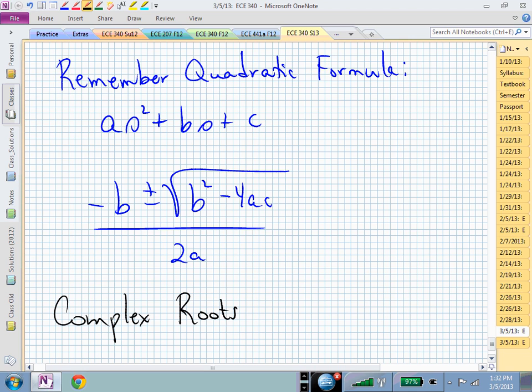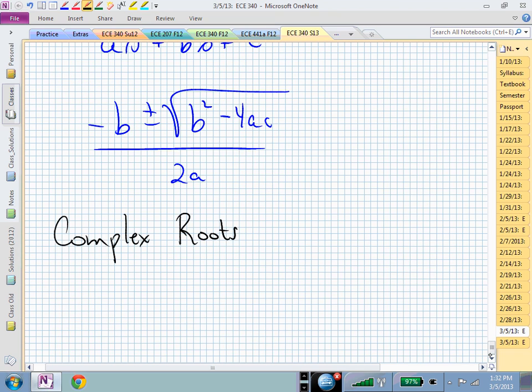Then you can use what we're just talking about. If you get a real value, or a positive value, for b squared minus 4ac, so we're now looking for b squared minus 4ac less than 0, then if this is less than 0, we have the complex roots case.